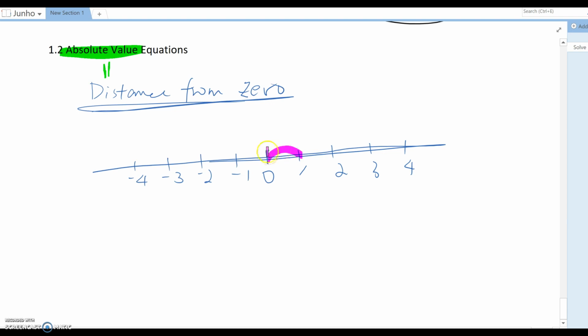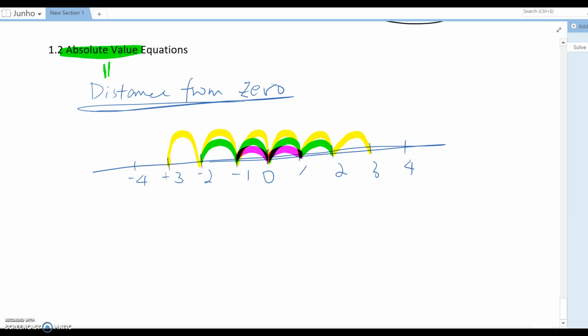At the same time, negative 1 is also 1 unit away from the 0. And then 2 is 2 units from the 0. At the same time, negative 2 is also 2 units from the 0. 3 is 3 units from the 0. Same way, negative 3 is also 3 units from the 0.